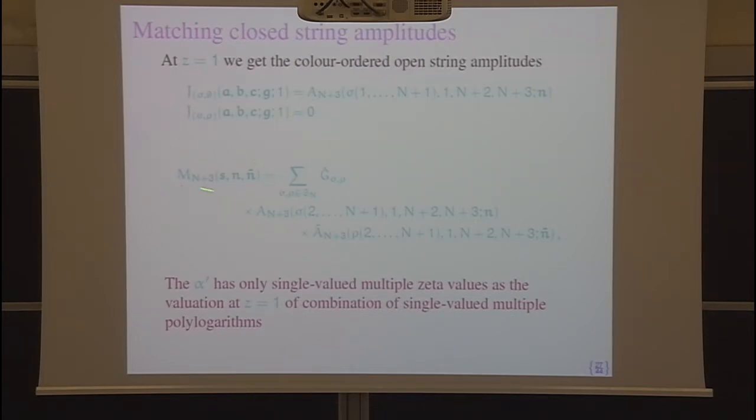So you find that my closed string building block is of KLT type: the product of 2 open string amplitudes times a matrix G hat. And this one has only, by construction, single-valued multiple zetas, because I know it's the z equal 1 value of a function that has no monodromies.